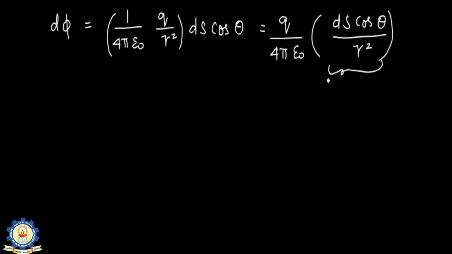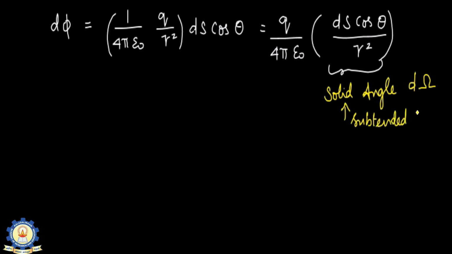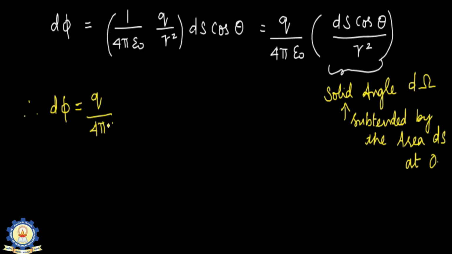This ds cos theta by r square can be considered to be the solid angle. Solid angle is subtended by the area ds at O. So it is the angle subtended by the area ds at the point O. Therefore, the change in electric flux d phi is equal to q by 4 pi epsilon naught into d omega.